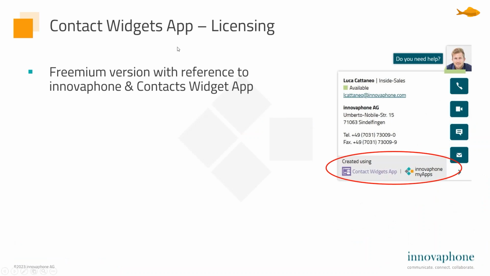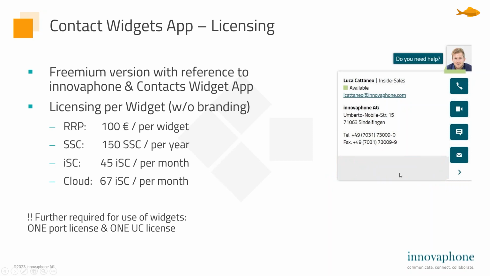There is a freemium version of the website integration, but it comes with a little advertisement for us. If the customer, or you as one of our partners, would like to have a white labeling option or a more neutral option, we require a license per widget, which is just 100 euros per widget, not per user, and 15 euros SSC per year.